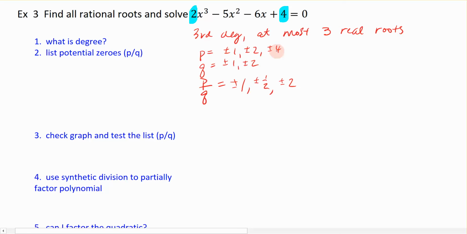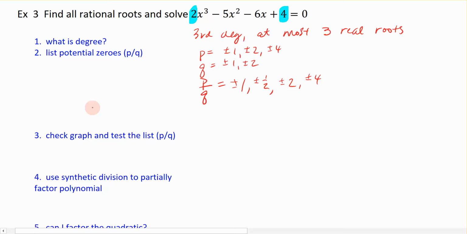Now we move down to this one. 4 over 1, which is 4, and 4 over 2, which is 2, which is already represented. So really what we gained, instead of just 3 potential roots, we have 4 because we have a 1/2 written right here. So I'm going to put this into the calculator.